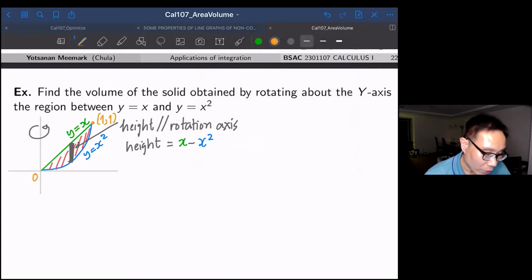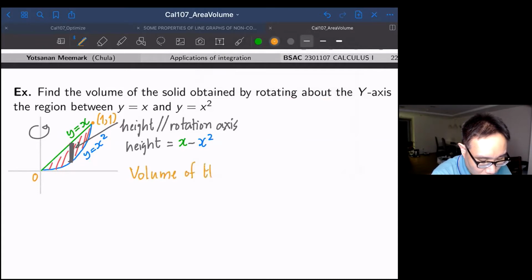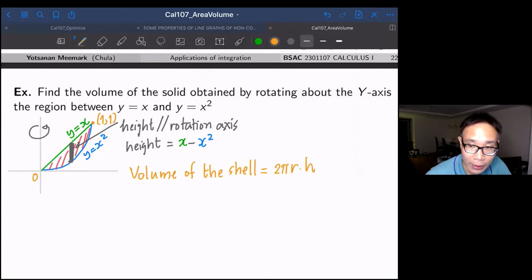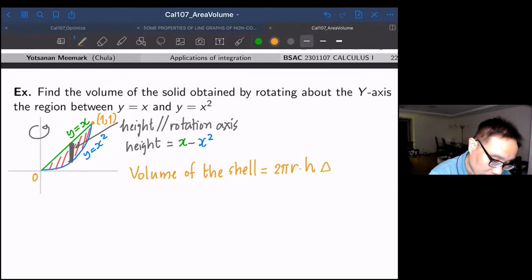Okay, so the volume of the shell will be 2 pi, radius times height times delta x, which is the thickness. So it's going to be 2 pi, and the radius in this case turns out to be just x.